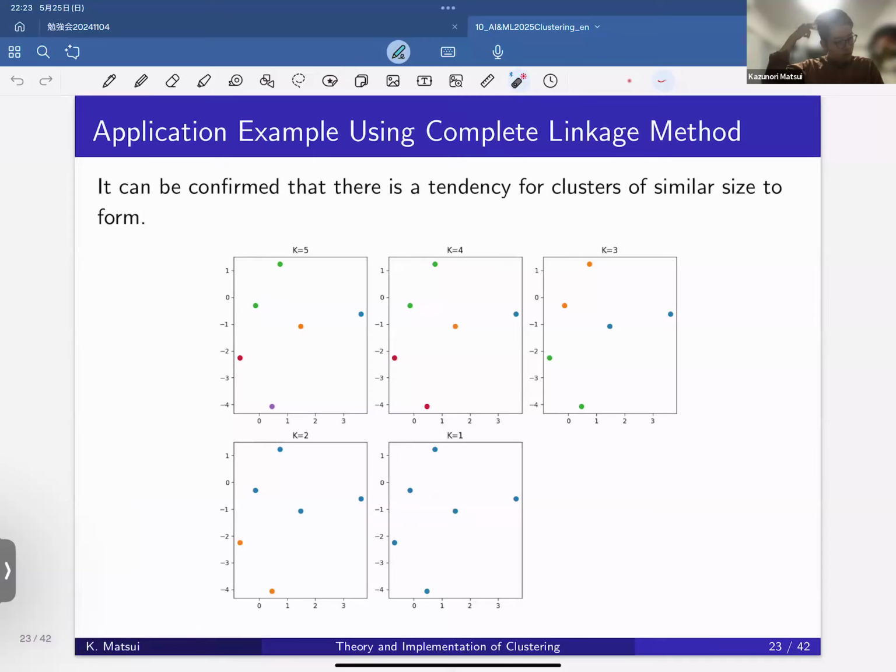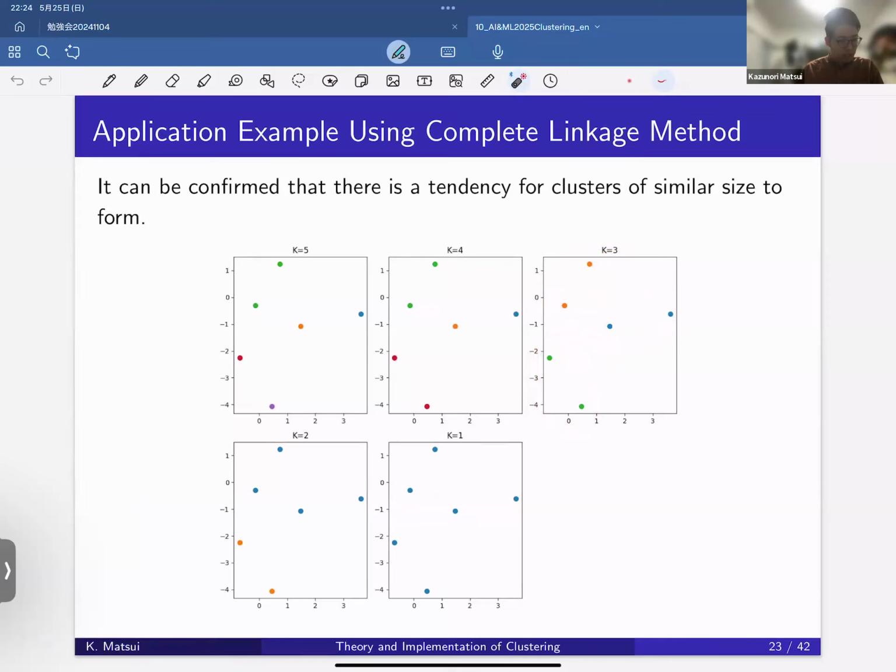Actually, doing this looks like this, and as you can see, there is a tendency for clusters of similar size to form. This is the opposite of earlier.